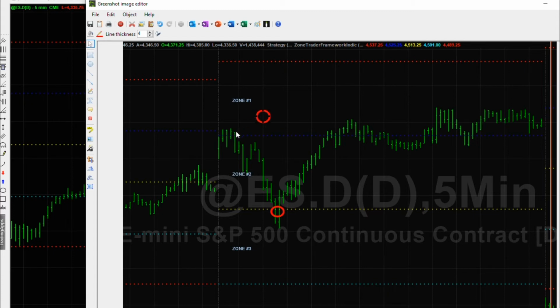Now, as you can tell here, the market actually enters zone 1, and then it backs off into zone 2, and then it penetrates zone 1 again, and then it finally rests into zone 2. Each one of those crossings is recorded, and I call it a token. So each crossing of a boundary is one token.